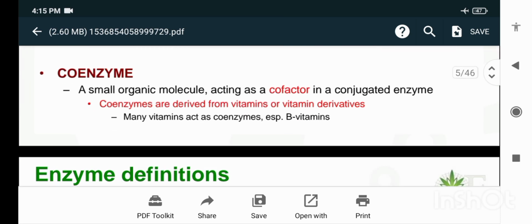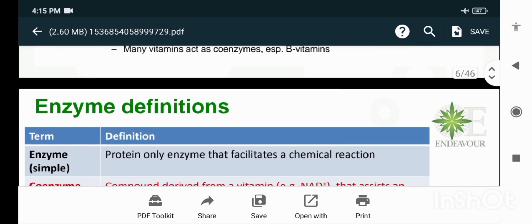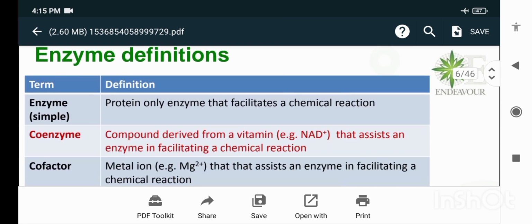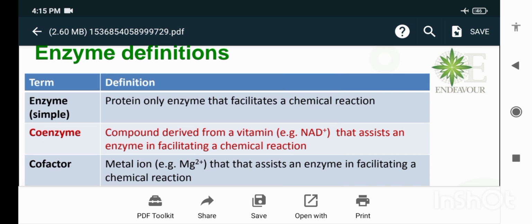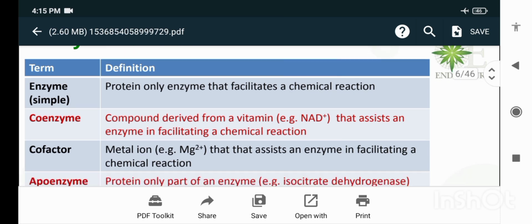Coenzyme, a small organic molecule acting as a cofactor in a conjugated enzyme. Coenzymes are derived from vitamins or vitamin derivatives. Many vitamins act as coenzymes, especially B vitamins. Enzyme definitions. Enzyme: protein-only enzymes that facilitate a chemical reaction. Coenzyme: compound derived from a vitamin, example NAD+, that assists an enzyme in facilitating a chemical reaction.